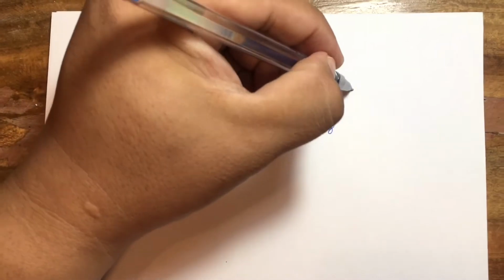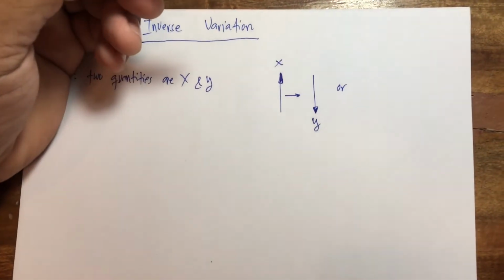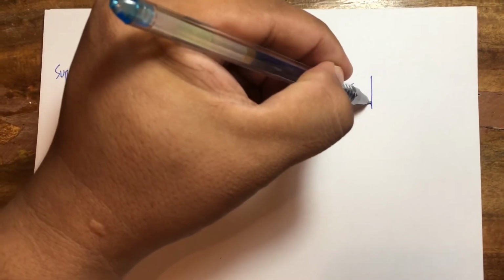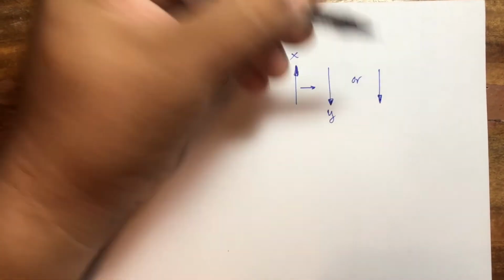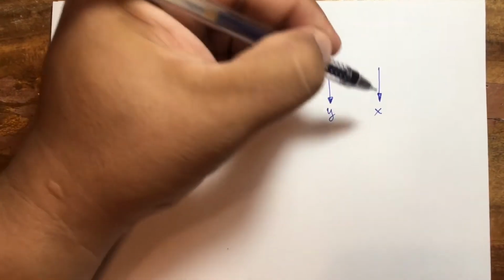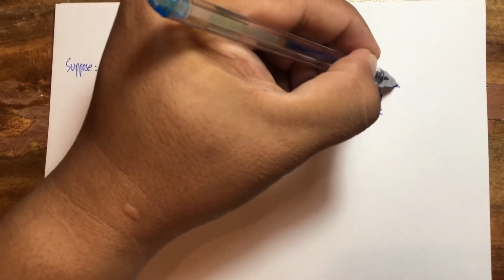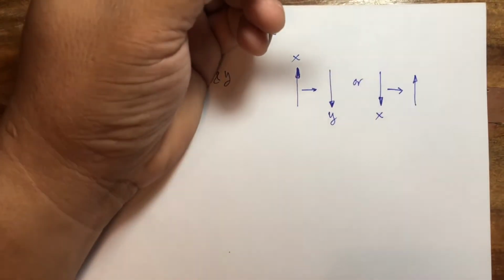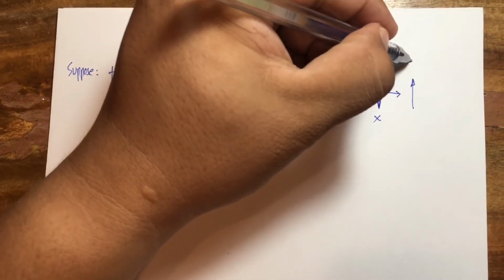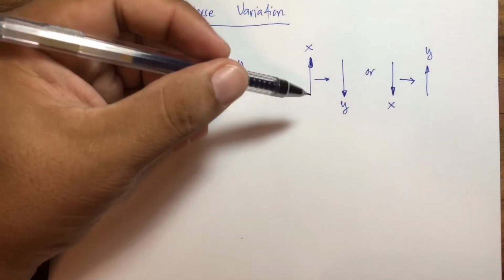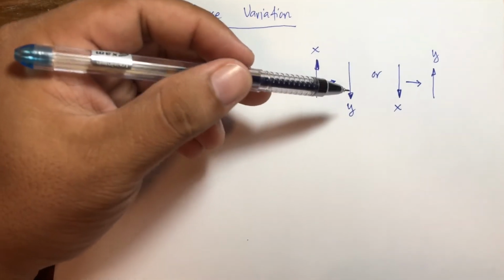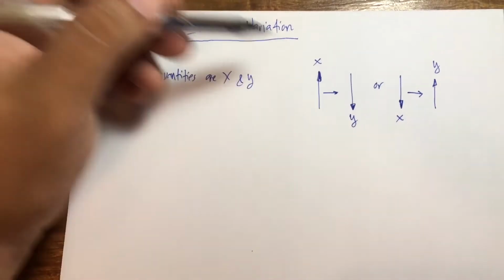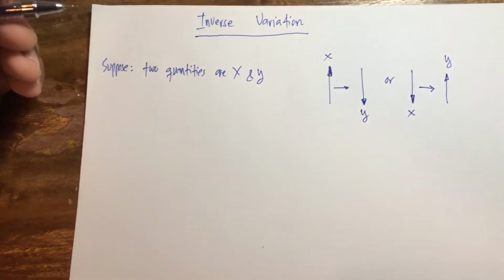Or conversely, as we decrease the value of the first quantity, say x, it causes an increase in the second quantity y. And this illustrates simply inverse variation of two quantities.